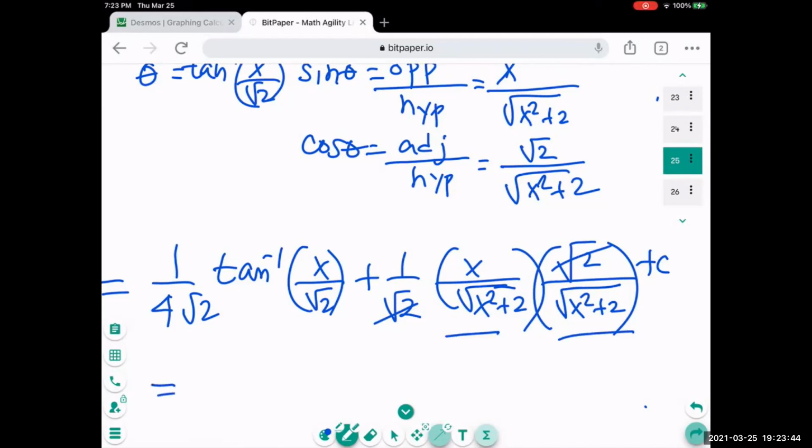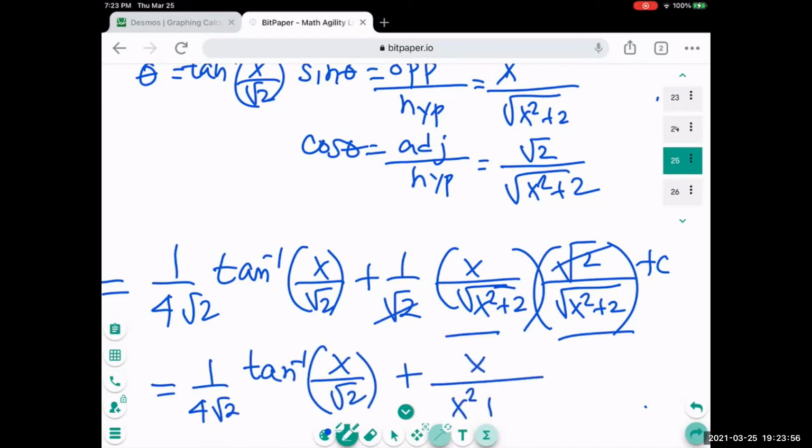So 1 over 4 square root of 2 arctangent of x over square root of 2 plus x over x squared plus 2, because we're combining two radical signs with the same variable and terms inside. So the radical sign is eliminated, plus c. So this would be our final answer.